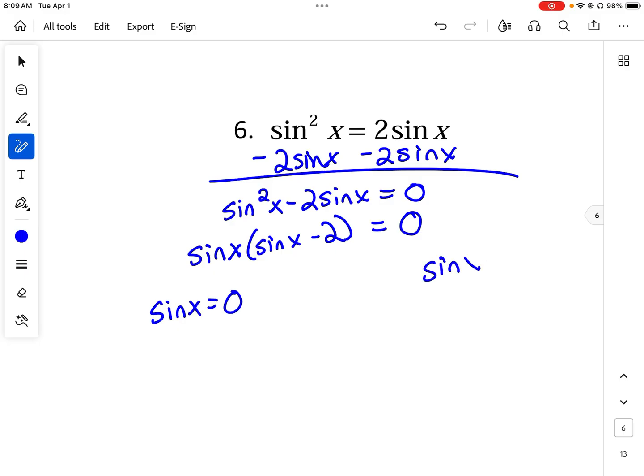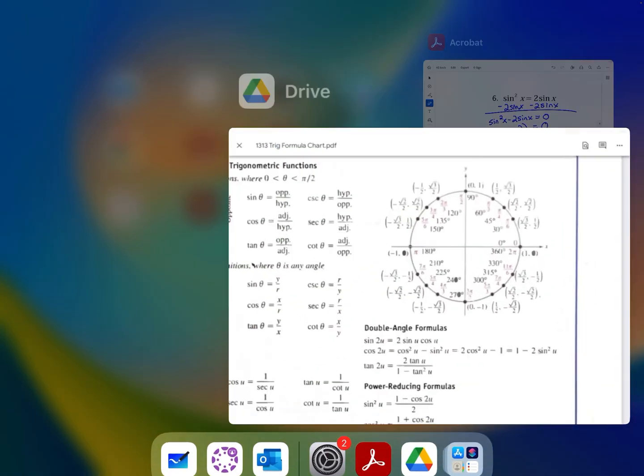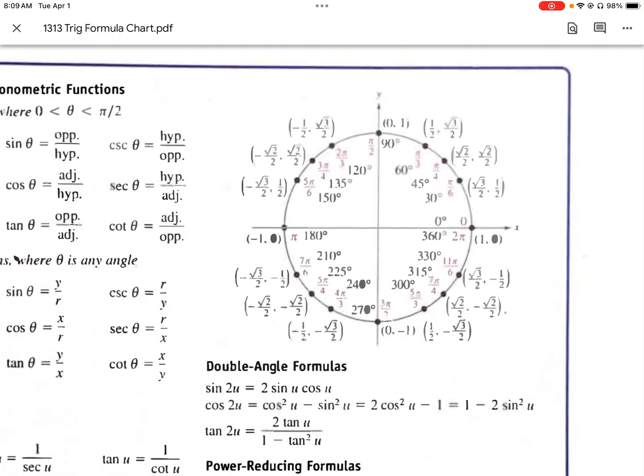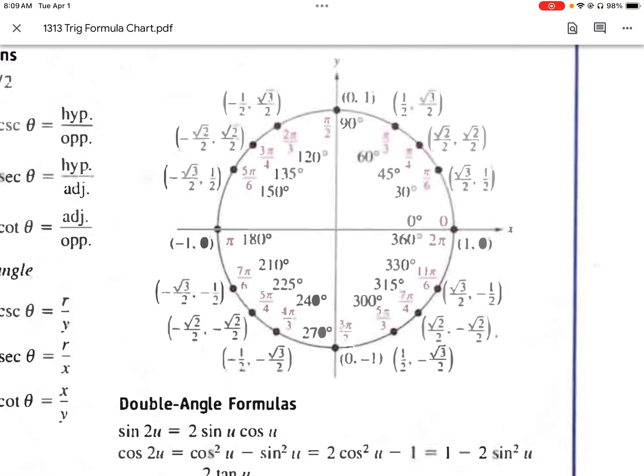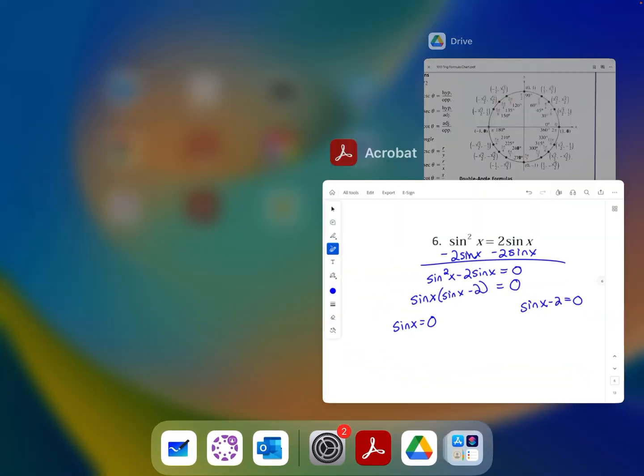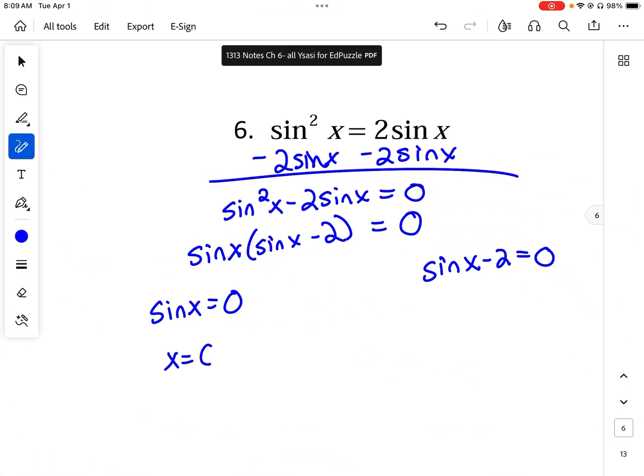Okay, so sine x equals 0 and sine x minus 2 equals 0. So we want to look at sine x equals 0. So we are looking for when the y value is 0 on our unit circle. That's at 0 and at pi. So those are our two solutions.